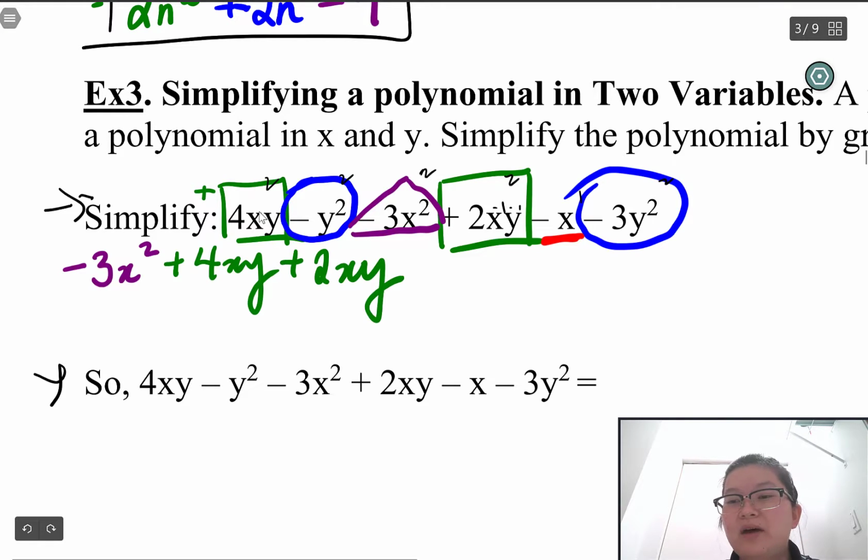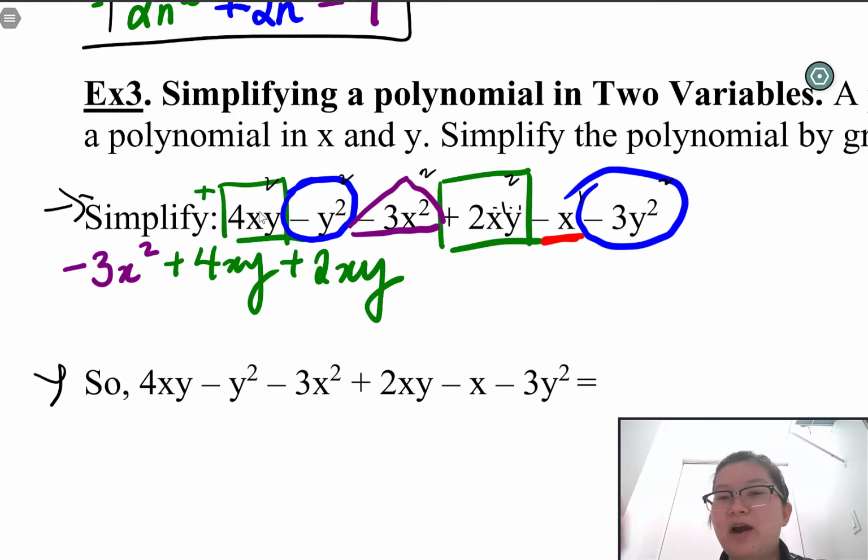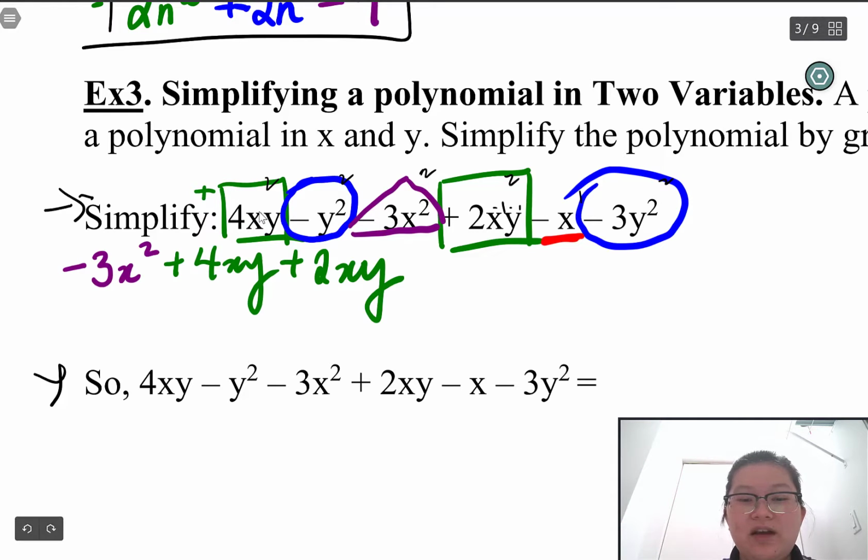Then I can put in my y squareds because that's after in the alphabetical order. Of course, I have to do that before I do the x to the power of 1, since x to the power of 1 has a smaller degree, a smaller exponent than all of my other terms. So here I have minus y squared, then minus 3y squared. Okay, so those are done.